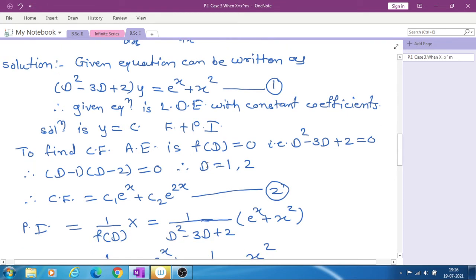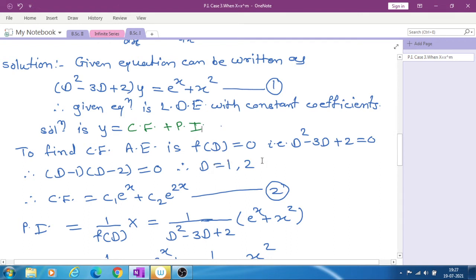Now you know the solution of this linear differential equation with constant coefficients, that is y is equal to CF plus PI. So first, to find CF, you know all these steps. How to find CF? To find CF, we have to write first the auxiliary equation.